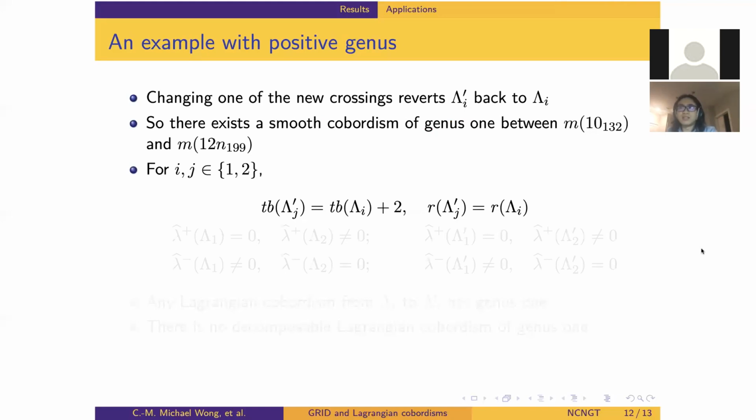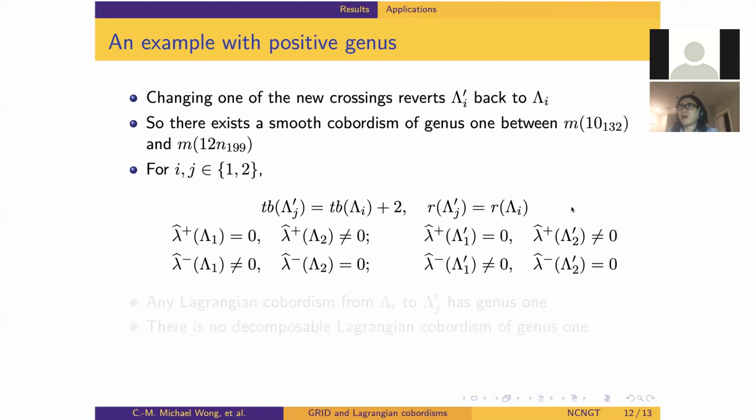And you can compute the Thurston-Bennequin numbers and rotation numbers. And it turns out that whether you have the prime or not doesn't matter. The twist doesn't change the vanishing or non-vanishing of lambda plus and lambda minus.